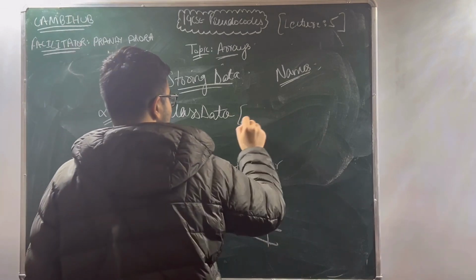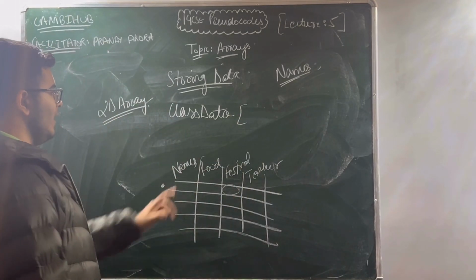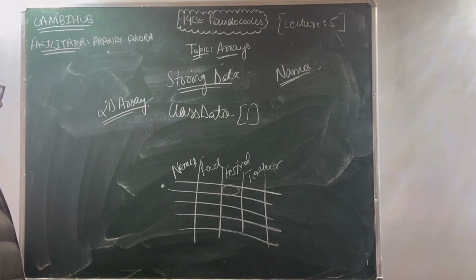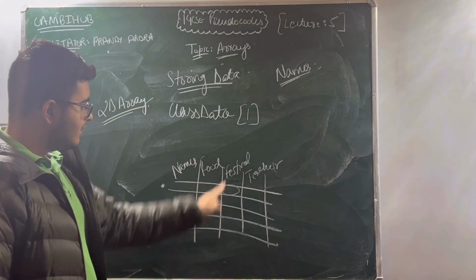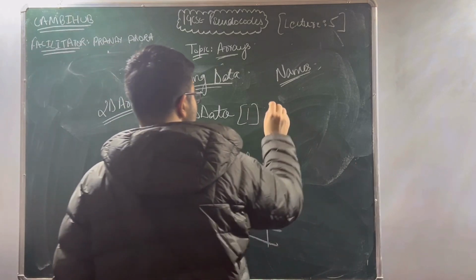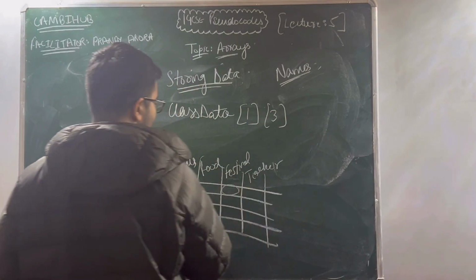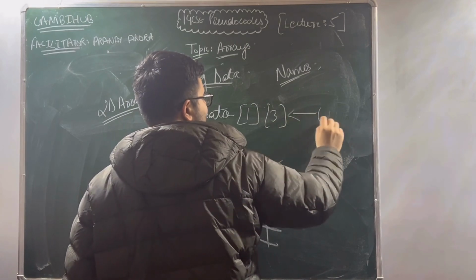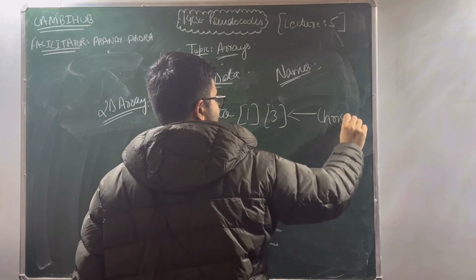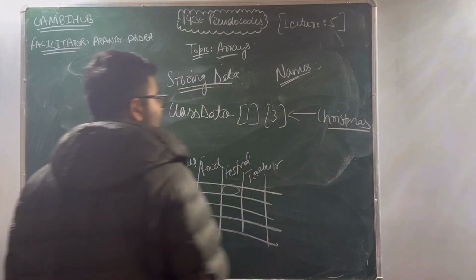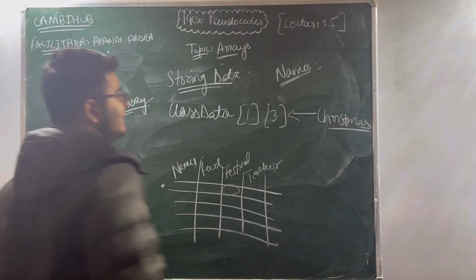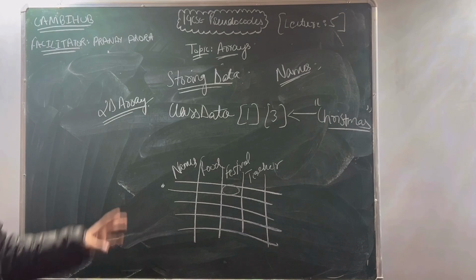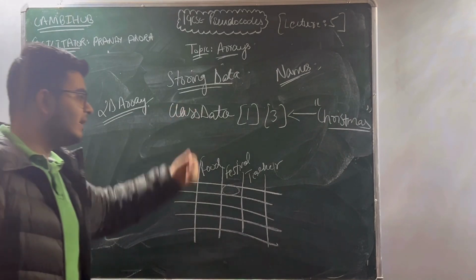Which row is it? Row number 1. What column is it? Column number 3. So in the first row, third column, I want to store their favorite festival, for example, Christmas. Again, Christmas is text, so I'll store it in double quotes. This is how you store data in a 2D array.